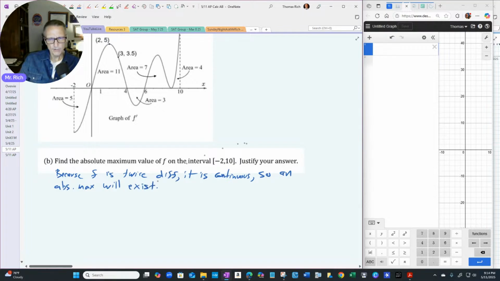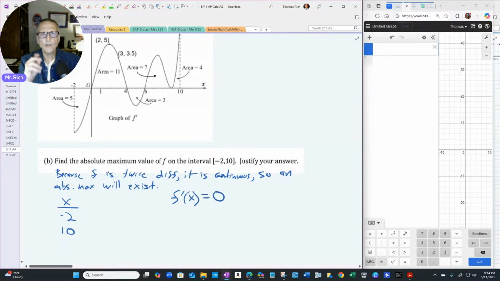Now, the candidates are going to be at the two endpoints. So we're going to make a list of our candidates, and we are going to put in our two endpoints. But then we have to find the other candidates from -2 to 10, and those are going to be at our critical values, where the derivative is 0. So we're going to be setting the derivative equal to 0 and finding the other x values that we need to throw into our list of candidates.